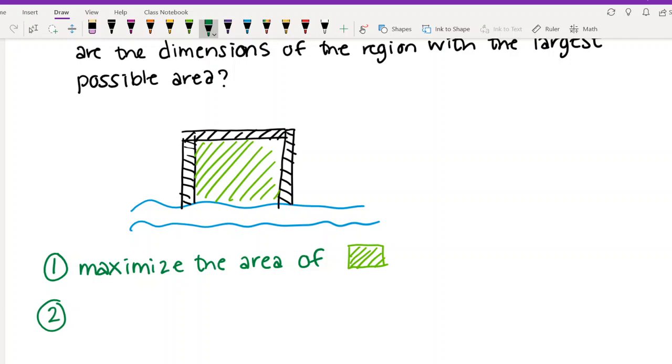In order to do that, we need to introduce some variables. It doesn't really matter what variables we use, but let's call this horizontal distance x and these vertical distances y. Because it's a rectangle, these two sides are both the same length, so we have y and we have x.